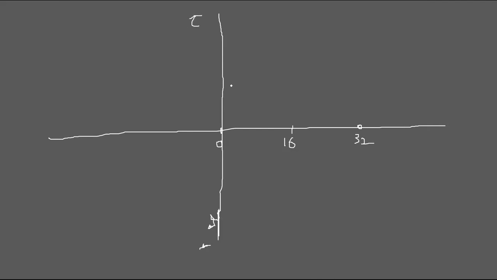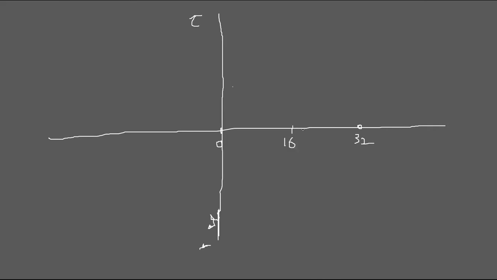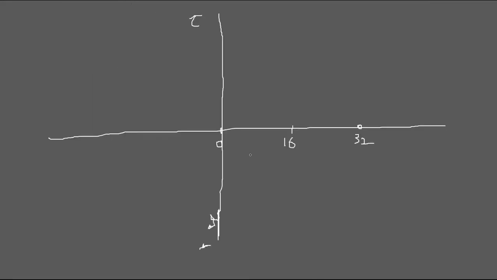For this plane, 16 and 32, the x-y plane, so this is the Mohr circle, because we are having these principal stresses directly where the shear stresses are 0.